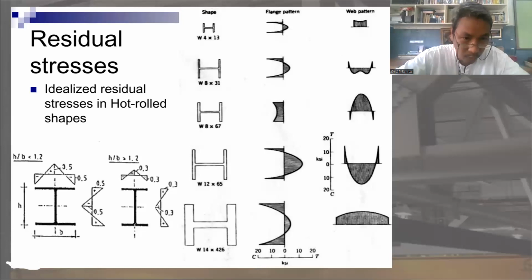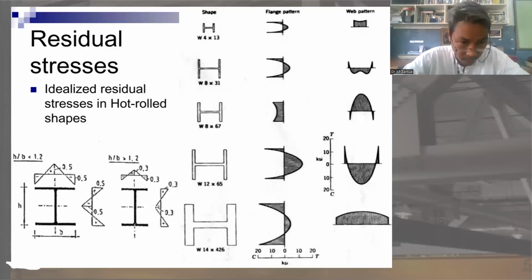What are the amounts? Negative 0.5 from the end of the flange, going straight to positive 0.5 at the center of the flange. And again, going down to negative 0.5 on the other edge of the flange.